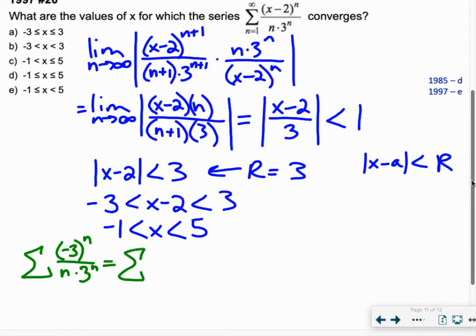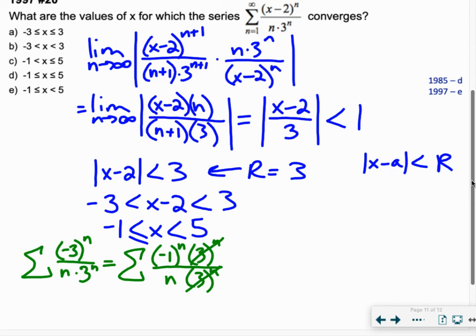But that's the same thing, forgive me for not writing the limits, but that's the same thing as -1 to the n times 3 to the n over n times 3 to the n. Cancel, cancel. So you're left with a series -1 over n, which converges by alternating series test. So this first one converges.